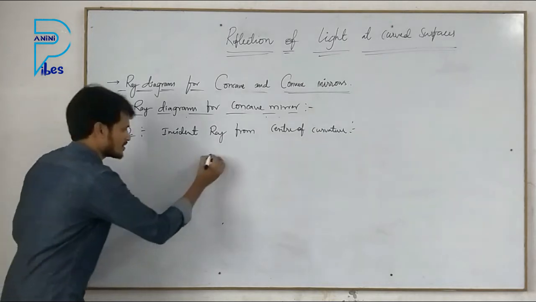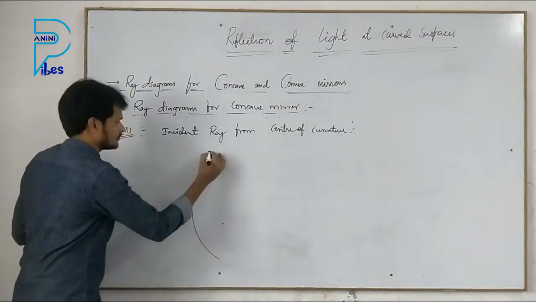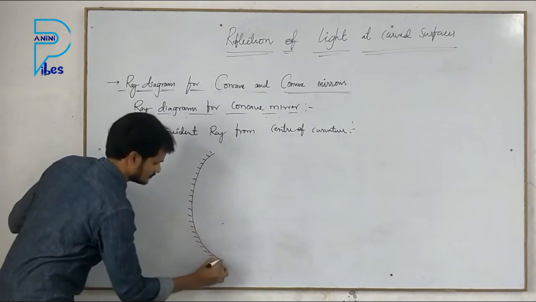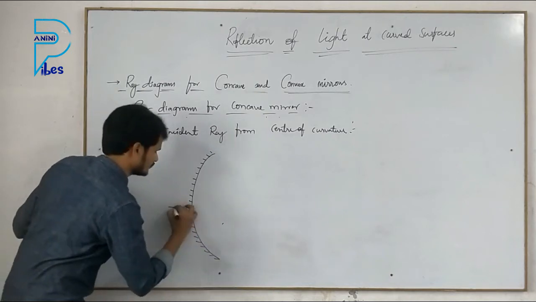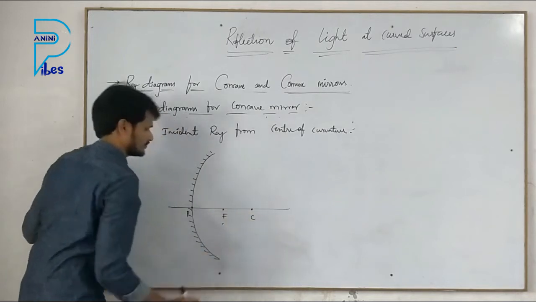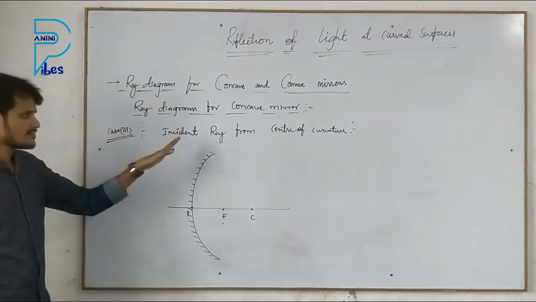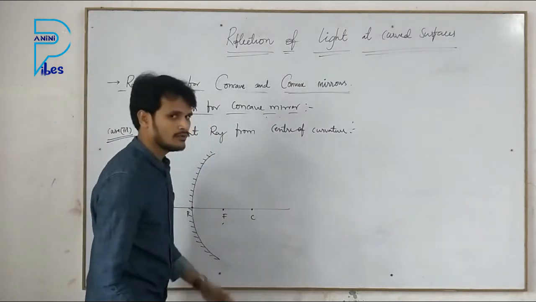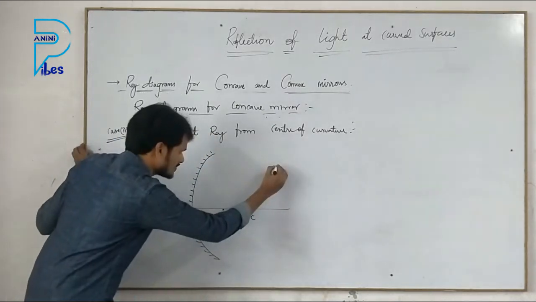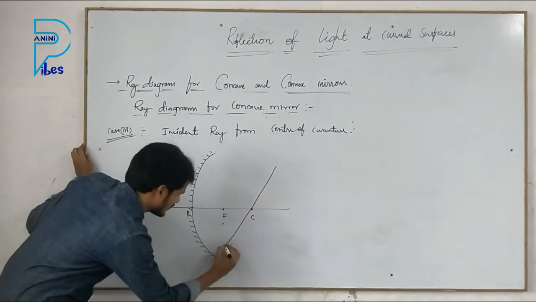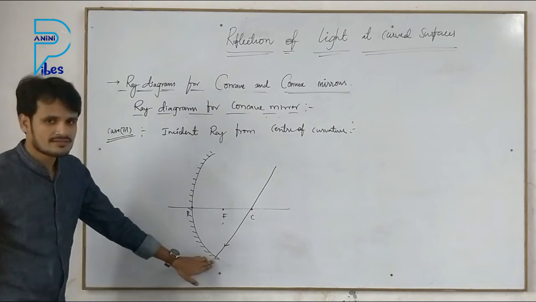What about the reflection? Draw the concave mirror: pole, focus, center. Now if the incident ray is passing through the center of curvature, let's draw the ray diagram from the center, and it strikes the mirror surface.